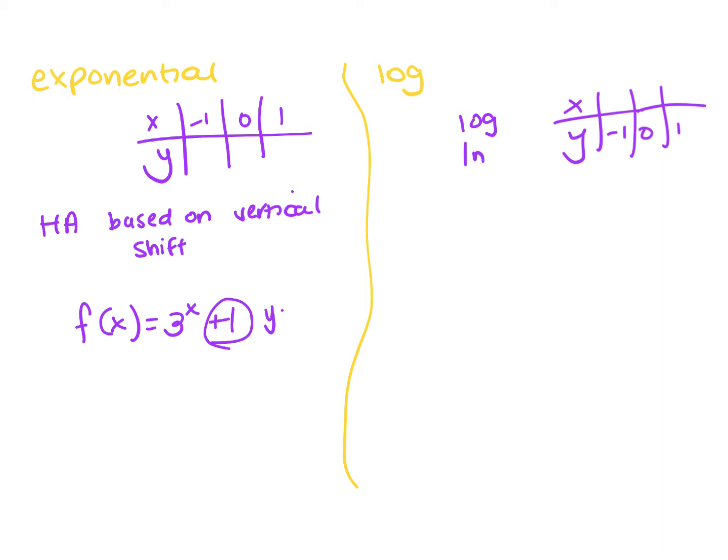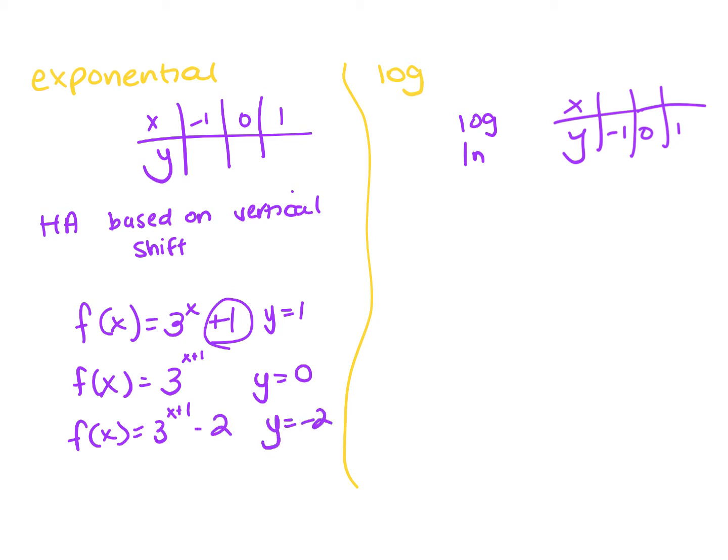So this would be y equals positive 1. We don't change the sign on the vertical shift. If it said f of x equals 3 to the x plus 1, and it's in the exponent, that does not cause a vertical shift. This would be y equals 0. If it was f of x equals 3 to the x plus 1, minus 2, now it's at negative 2.